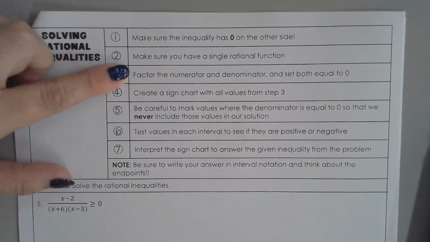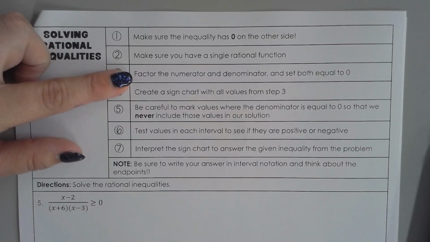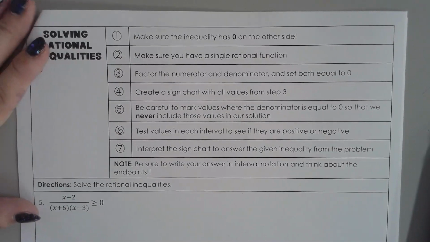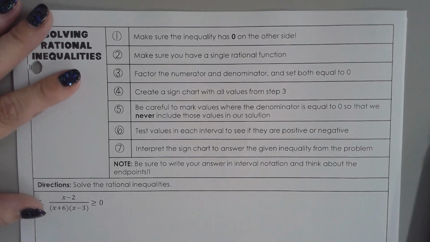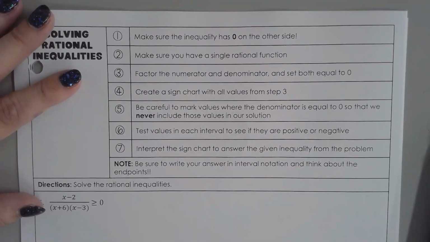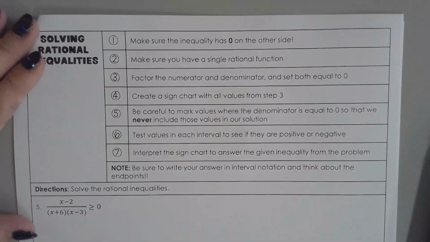And step 3, factor everything. We're going to do just like we did on the front. We're going to factor everything, and we're going to set every factor top and bottom equal to 0. You're going to find all of the x-intercepts, all of the undefined spots. And those are the numbers that are going to go in our number line.